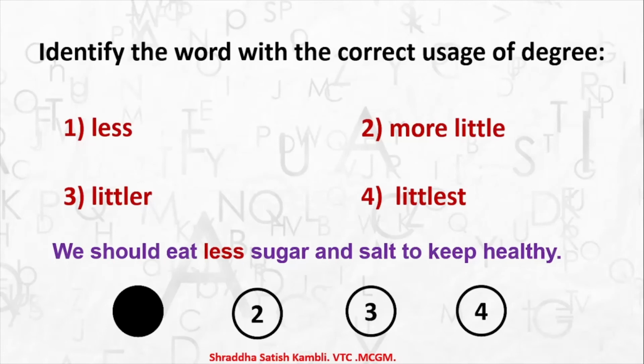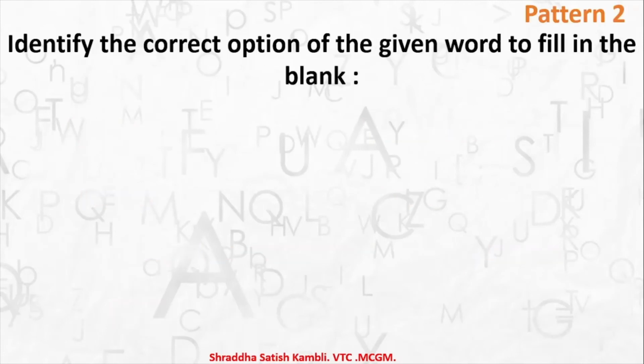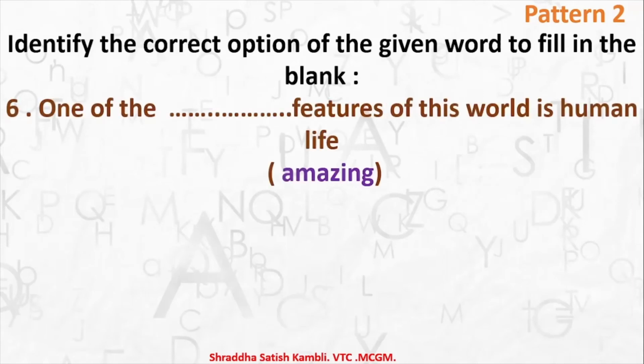Let us now move on and do pattern number 2. Identify the correct option of the given word to fill in the blank. So we have a fill in the blank question here. You have to select one word from the option and put it into the blank and see if the sentence is right. So here is the example sentence for you. One of the dash features of this world is human life.